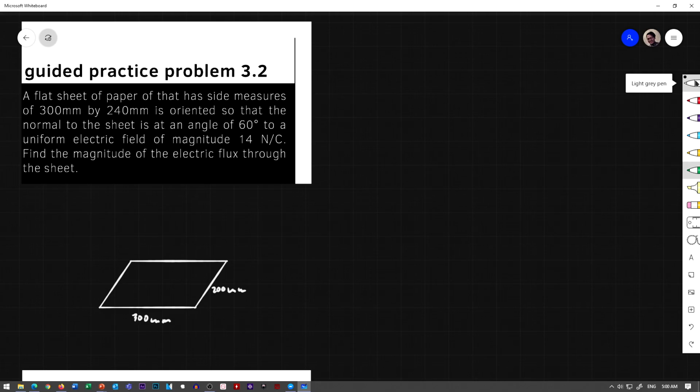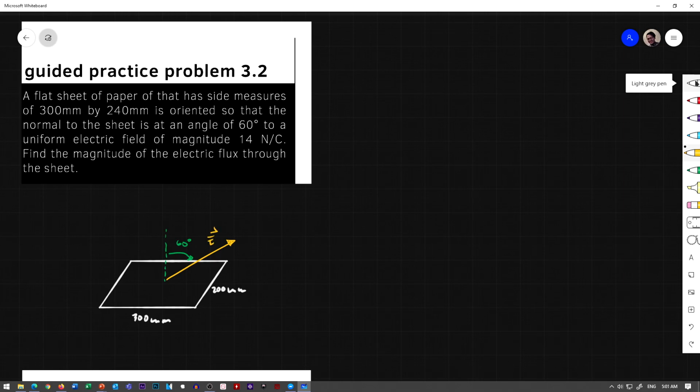That means that the electric field is placed at an angle of 60 degrees. So the angle here, starting from the normal going here, is 60 degrees. All right, so of course our electric field is there.